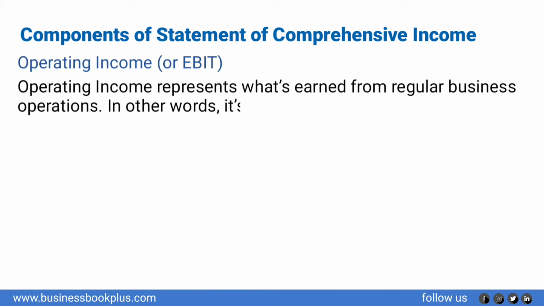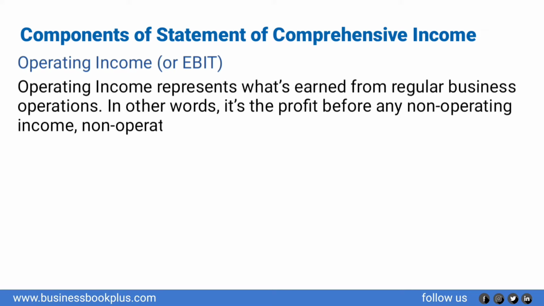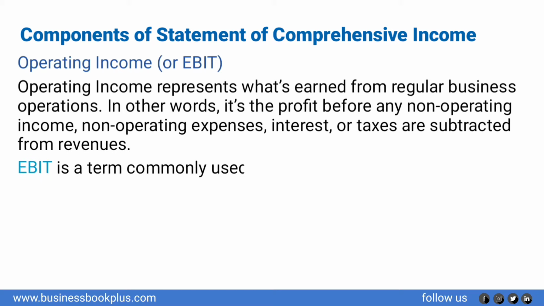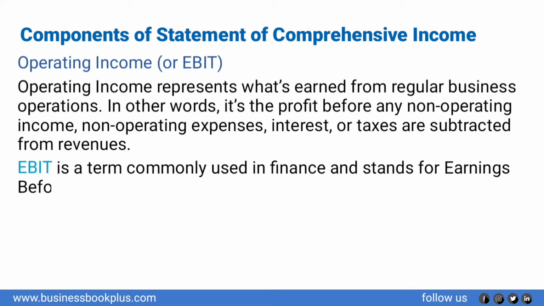In other words, it's the profit before any non-operating income, non-operating expenses, interest, or taxes are subtracted from revenues. Operating income is a term commonly used in finance and stands for earnings before interest and taxes.